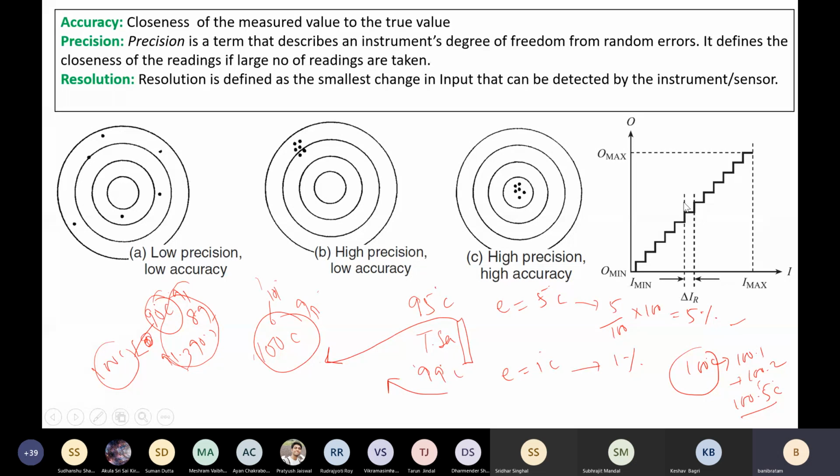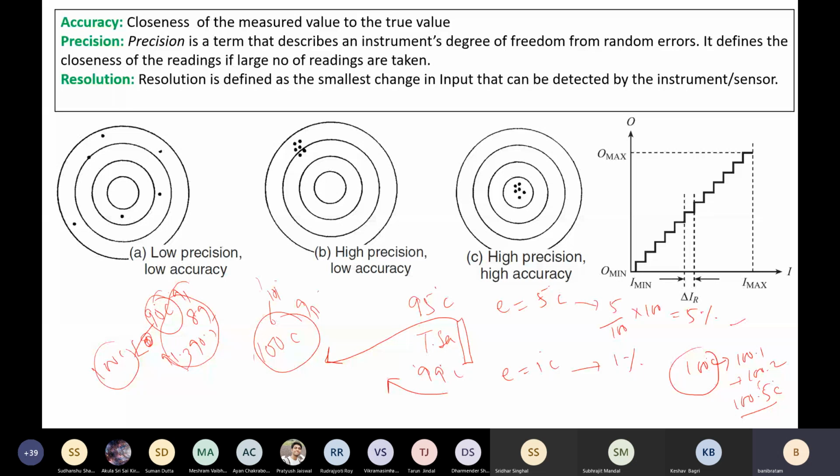Okay. So far we have introduced the requirement of sensors and actuators. Why do we need to study them? Why do we need to interface them with the microcontroller for our intended applications? What are their typical features or characteristics for different sensors? What is the typical block diagram? Then we looked into the data sheet of an example sensor, and we talked about the static characteristics, under which different terms like range, span, accuracy, precision, sensitivity, linearity, resolution come in.